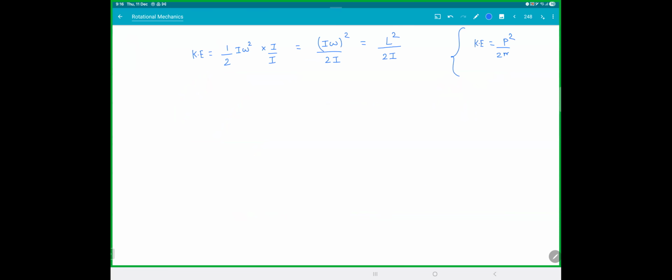Can you see the resemblance? So change in kinetic energy is L square by 2I final minus L square by 2I initial. You can substitute and finish it off, or you can just substitute half I omega square.